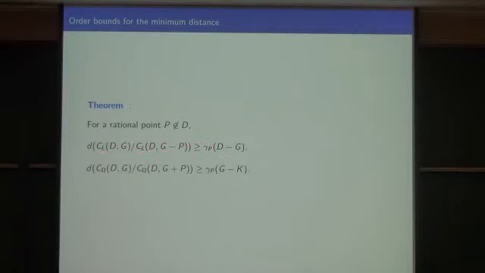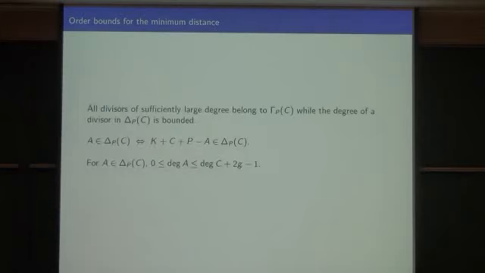So we put this as C, so gamma PC. So the coset bound is greater or equal to gamma P of D minus G, gamma P of G minus K. So we need to be able to find the gamma P of something here. Then we could find the cosets. If we could find the coset distance, we can find the minimum distance.